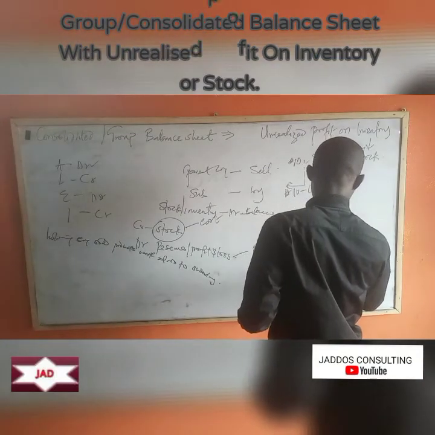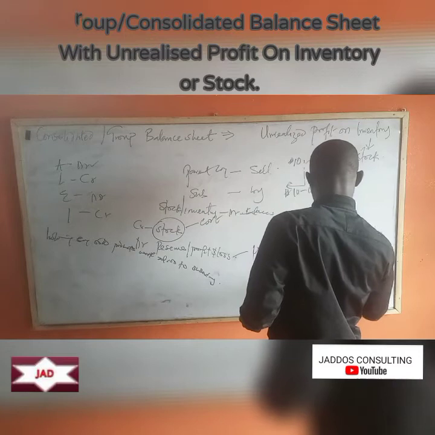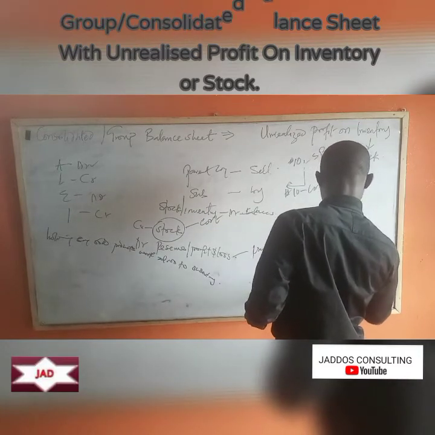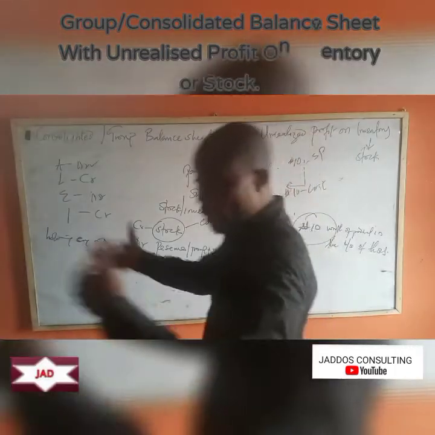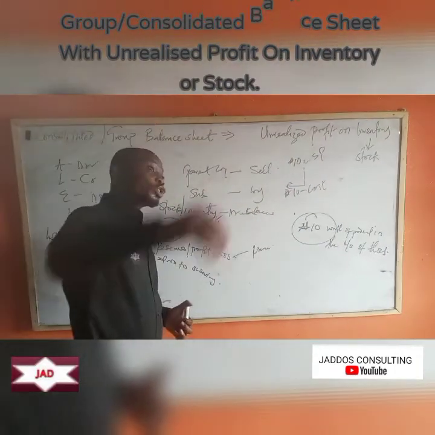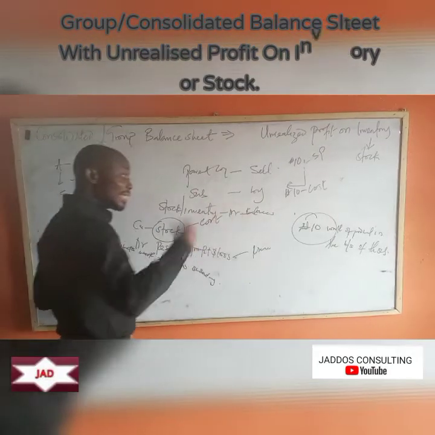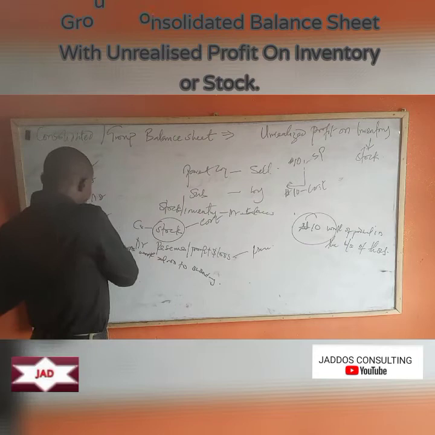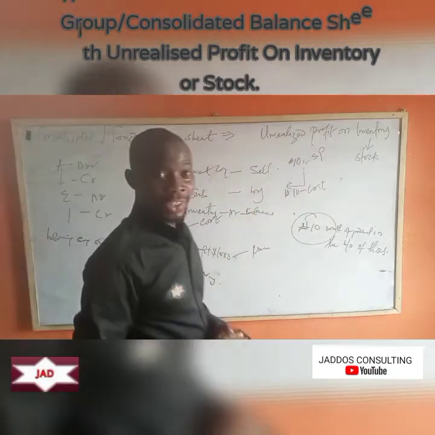10 naira worth of product in the balance sheet of the subsidiary. Of course, there can be other products, but that part, the one that the holding company sold, 100 naira. But when we were consolidating, the balance sheet is saying that out of the one that the holding company sold to the subsidiary, only 10 naira is remaining.